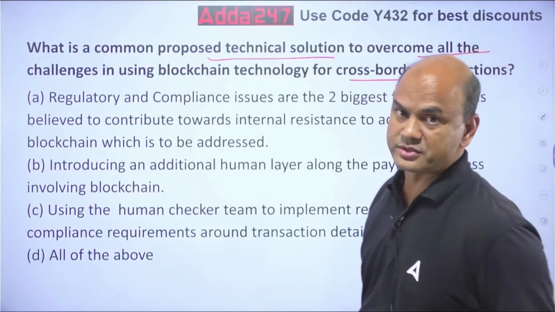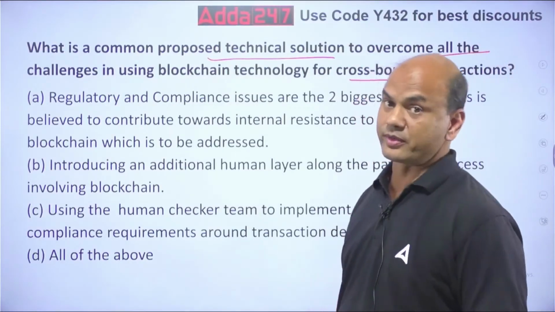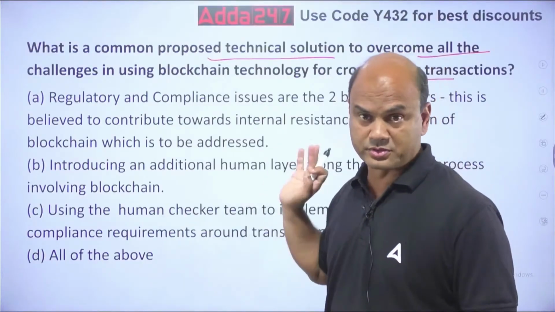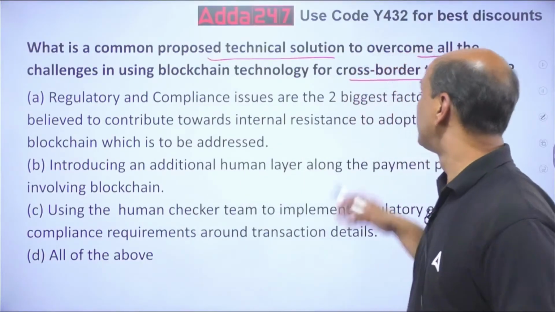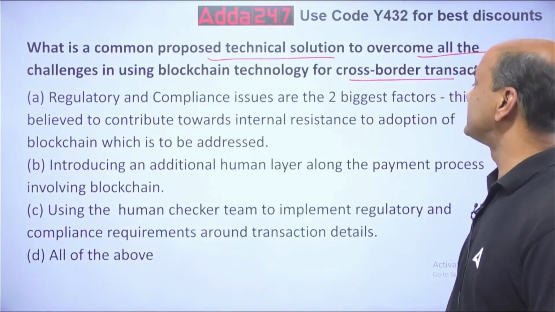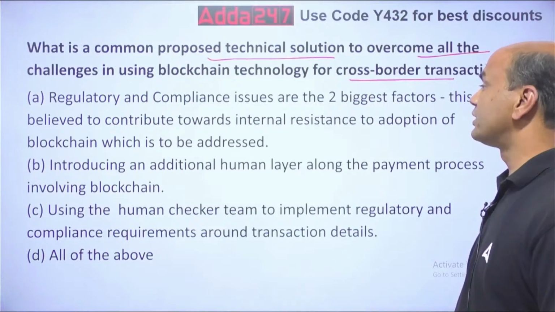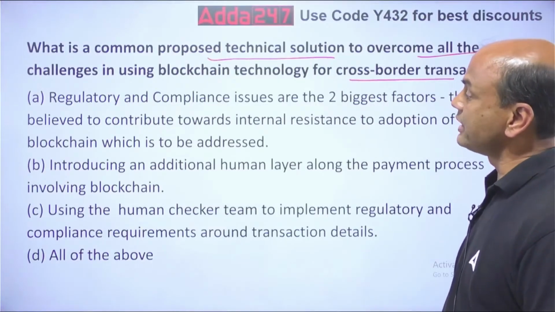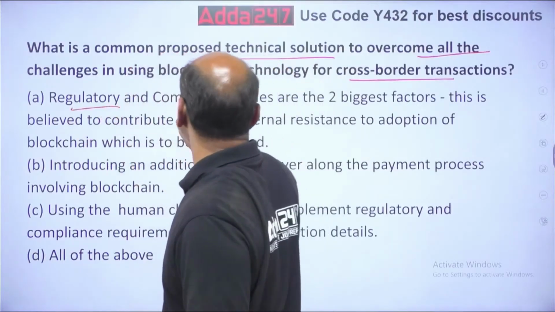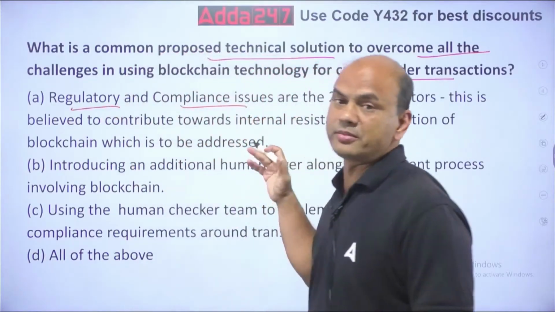Firstly, look at all the options. There is the option of all of the above also. These two biggest factors are believed to contribute towards internal resistance to adoption of blockchain, which is to be addressed. So, regulatory and compliance issues are the two main problems.